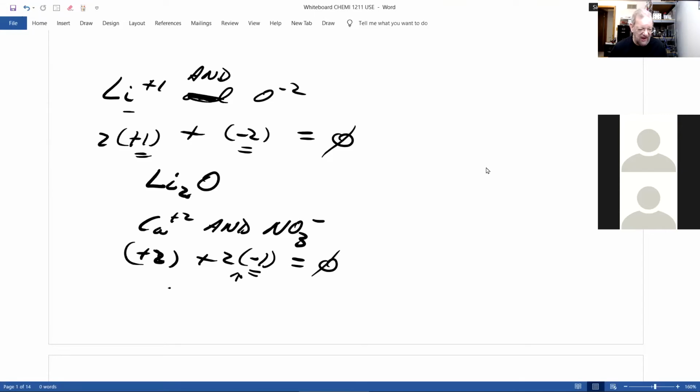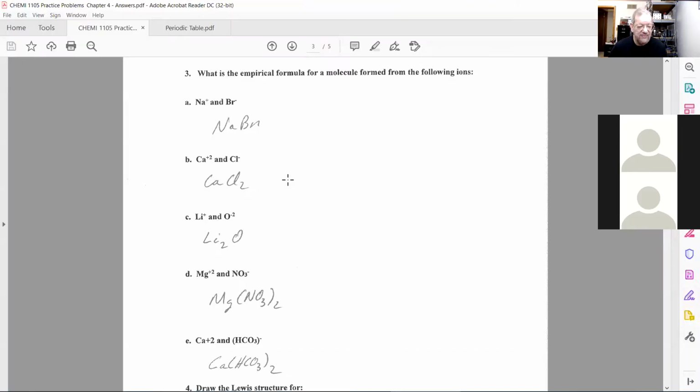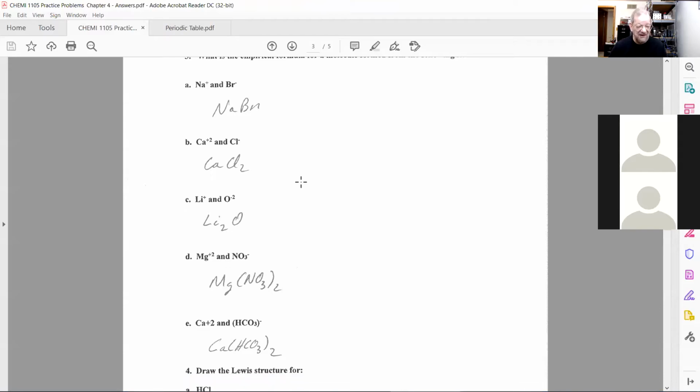And how do I show that? 1 calcium, but since this is a polyatomic ion, poly meaning more than 1 element in that ion, I put it in brackets, and then subscript to the right, I put 2. And that's how you do these. And you should know how to do these, because you already know why I call these practice problems. If you notice, I got it right.